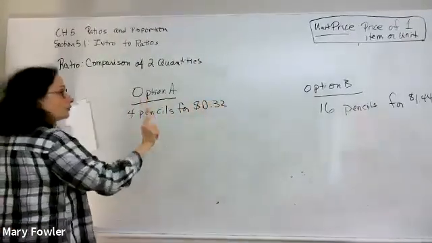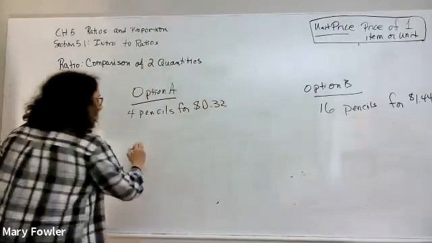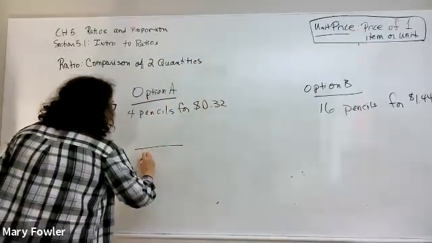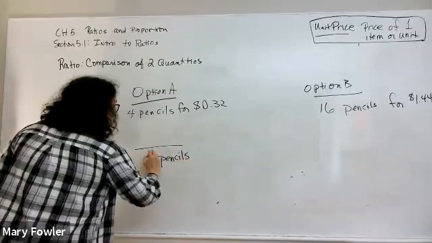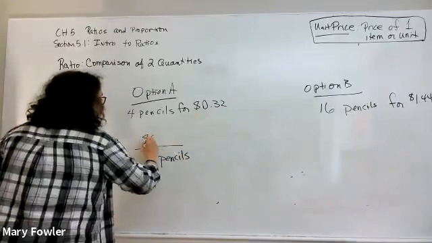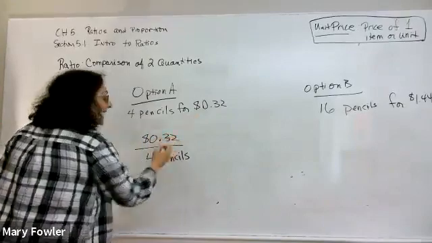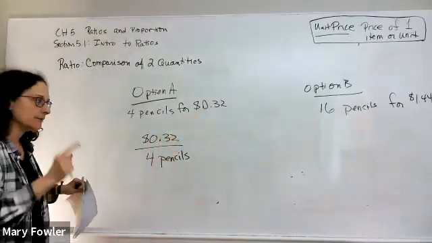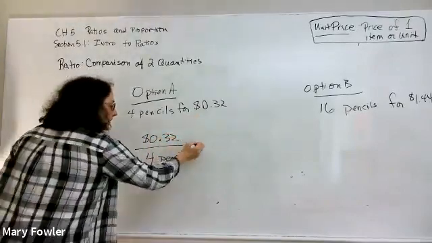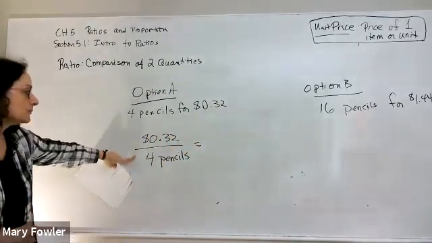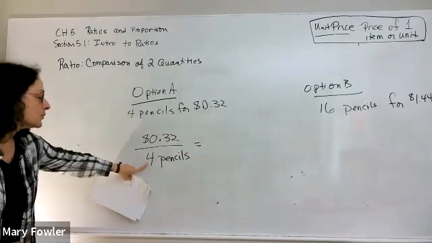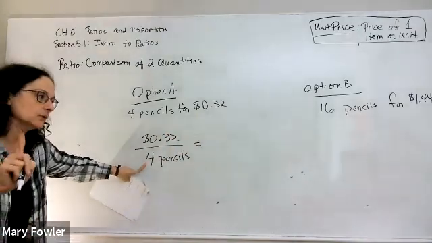All right, and we are looking for the price of 1 item. So we have to have the item in the denominator and the money in the numerator, not the other way around, which is what I did. So hopefully you guys caught me, or at least you understand my error, and now we can move forward. We want in the denominator 1 pencil.